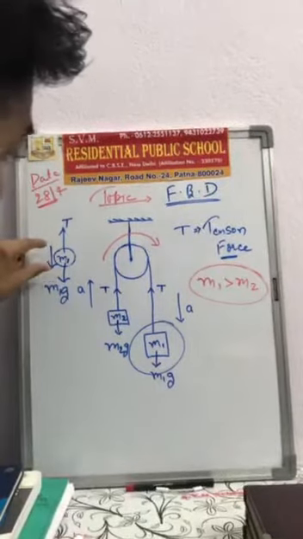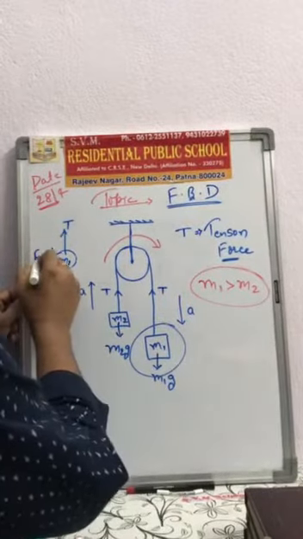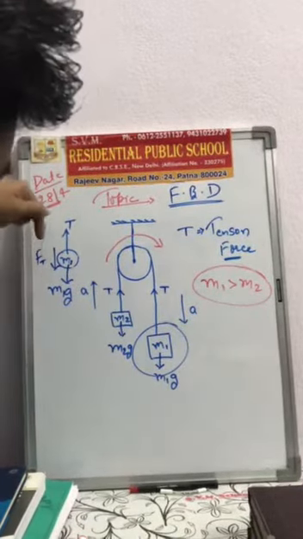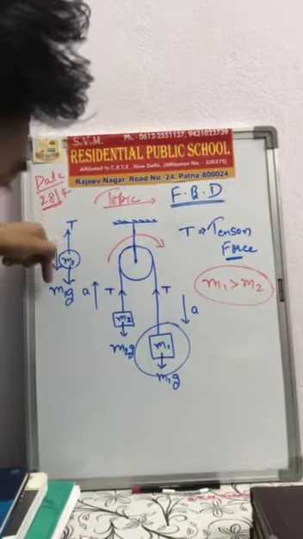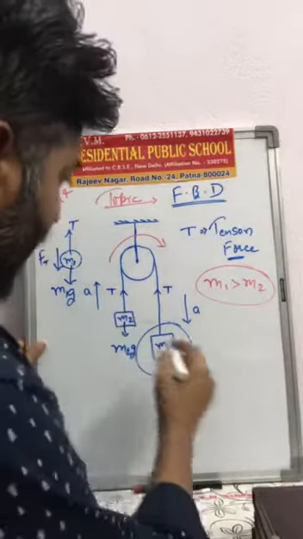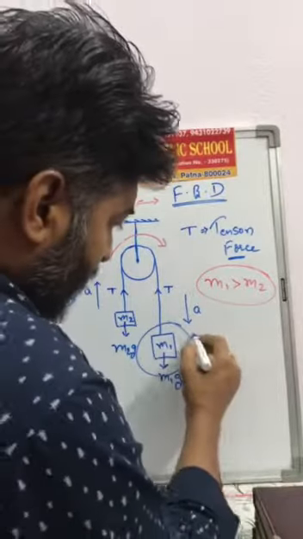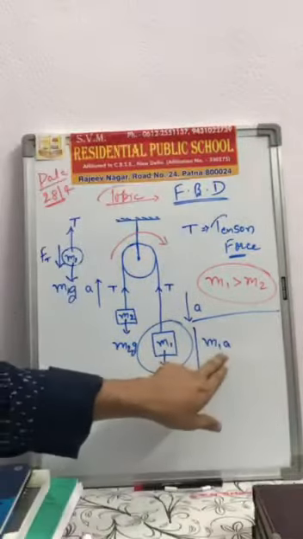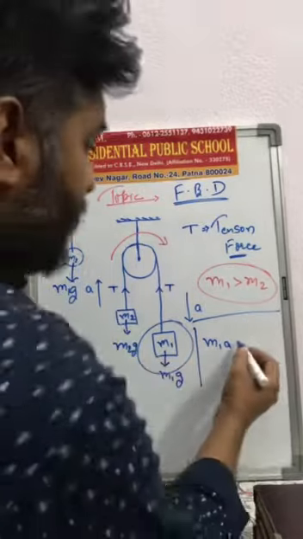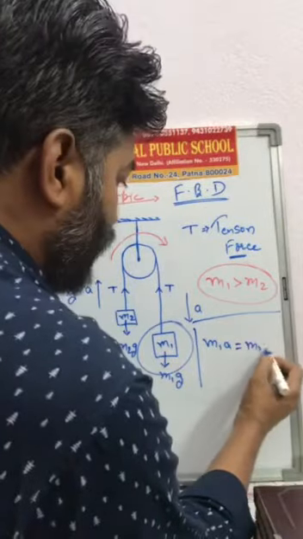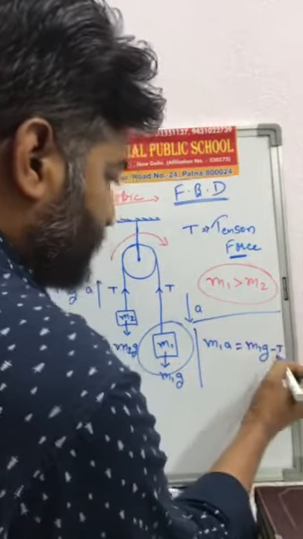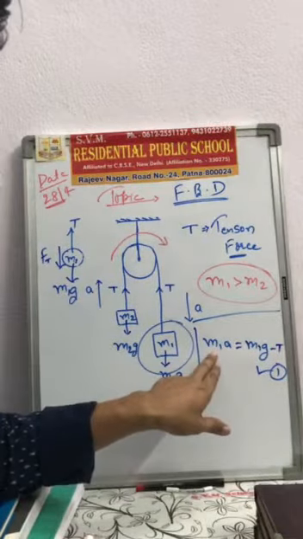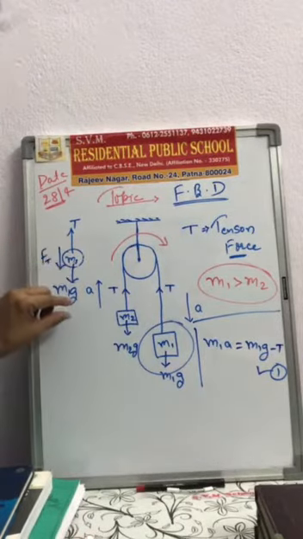Then the net force on M1, the total force on M1, is in the downward direction. So we can say that M1A, the net force, is equal to M1G minus T. Clear? This is equation 1.